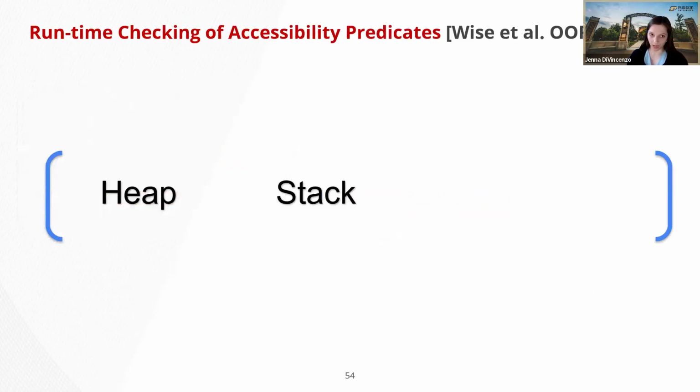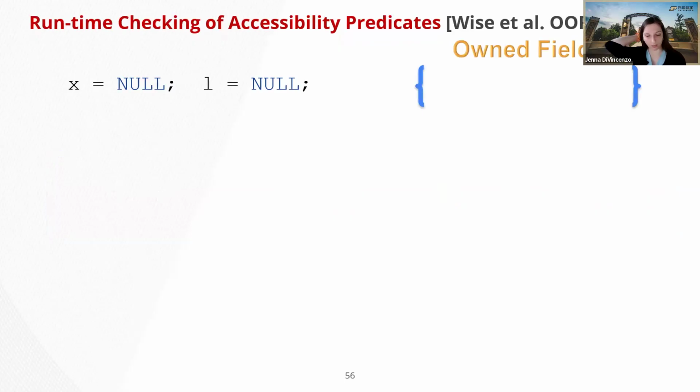So at runtime, we have a heap and a stack that we track values in. Well, now we're also going to track the heap locations that are owned at every program point. And so we have a semantics for doing that at every program point in our imperative language. To give you a sense for the semantics, I'll turn to another example. So imagine here we have two empty lists.